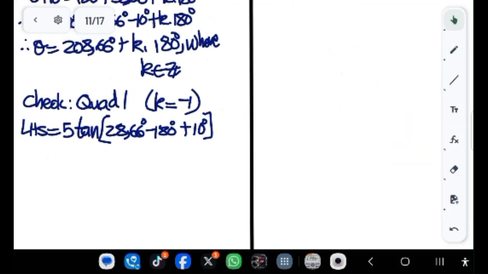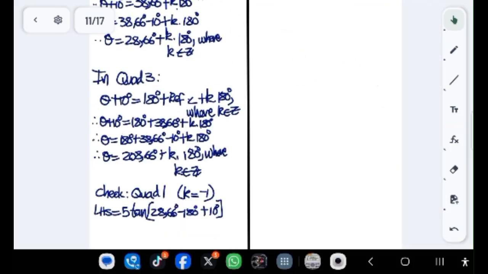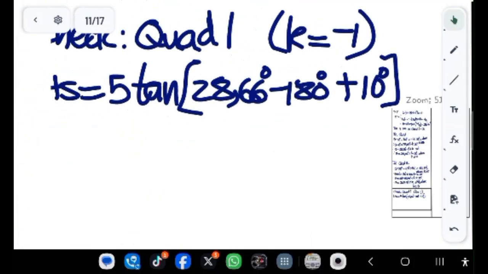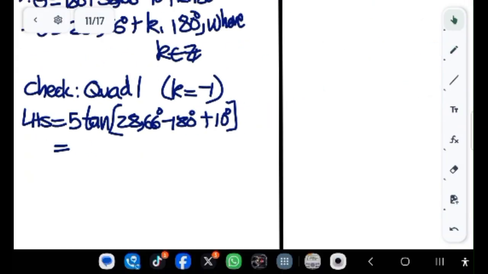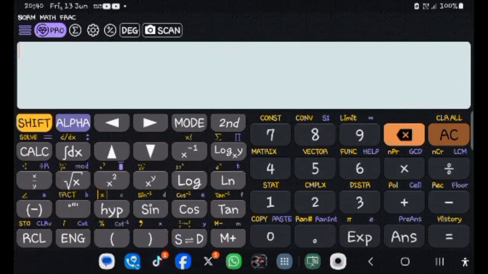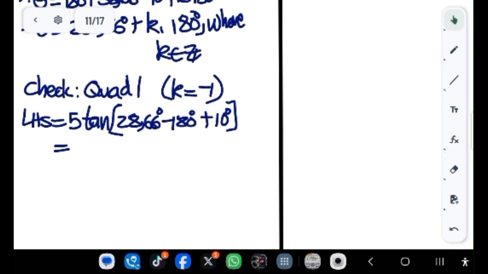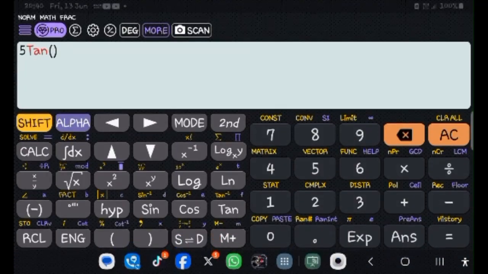All right. That should be equal to, let's see, take out a calculator. 5 tan of 28.66 minus 180 plus 10.